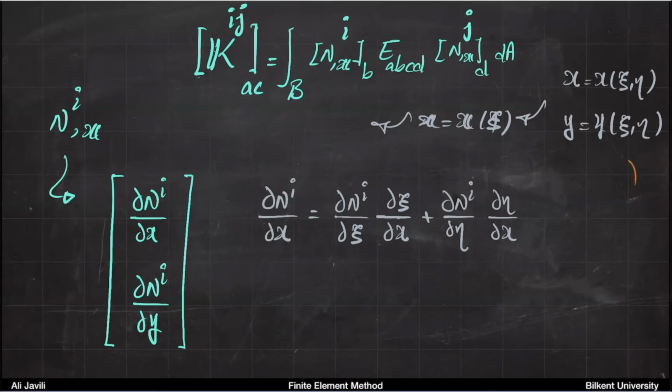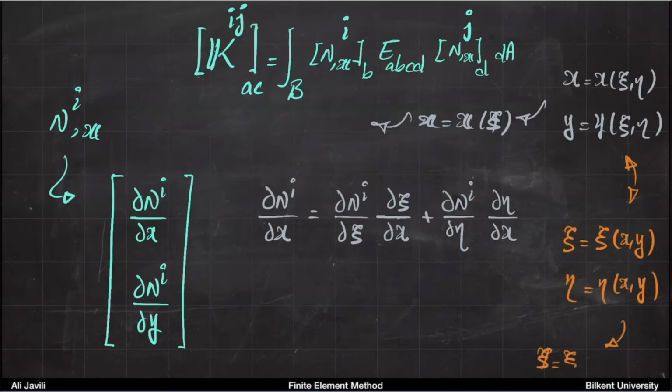And by the way, maybe we should also write the inverse of this mapping. If you have something like this, obviously this also means that ξ is a function of x and y, or η is a function of x and y. In other words, it also means that ξ is a function of x. I mean, you may say that your physical space is a function of natural space, or you may say your natural space is a function of physical space.